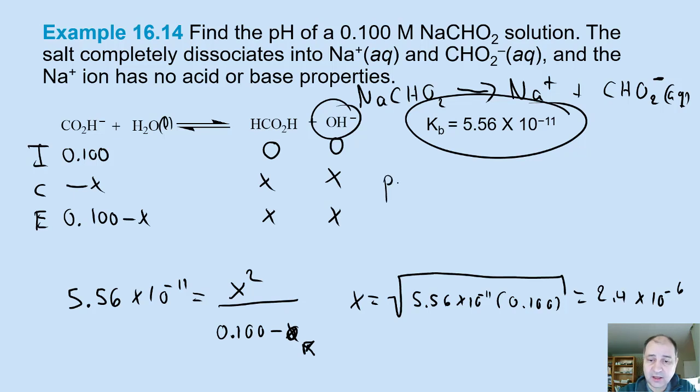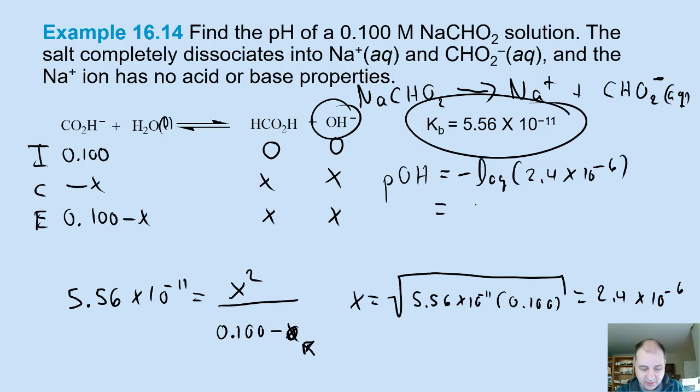So if I calculate the pOH, and there you can of course get to the hydronium ion concentration differently, but I'm going to work it this way. So the pOH is going to be equal to the negative log of 2.4 times 10 to the minus 6, which gives me a pOH of 5.62.